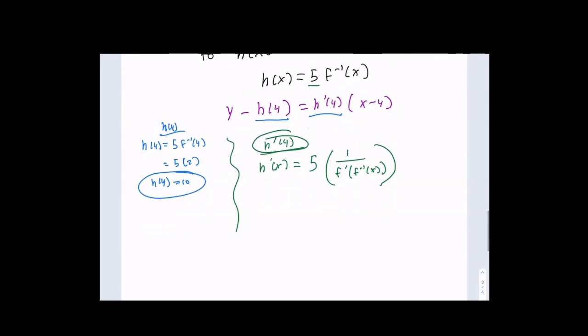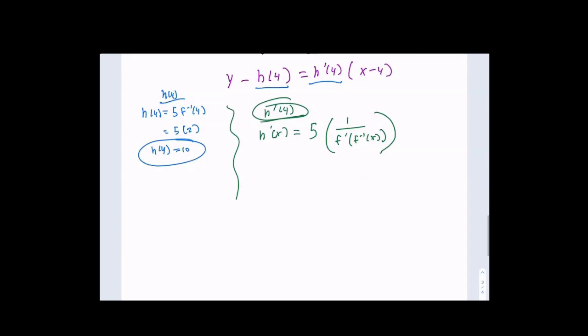Perfect. It's just 5 times that, which is the same thing as just 5 over. If you want to leave the 5 on the outside and clean it up at the end, it doesn't matter. Some people will write it as 5 over, and some people do 5 times. I like to do 5 times.